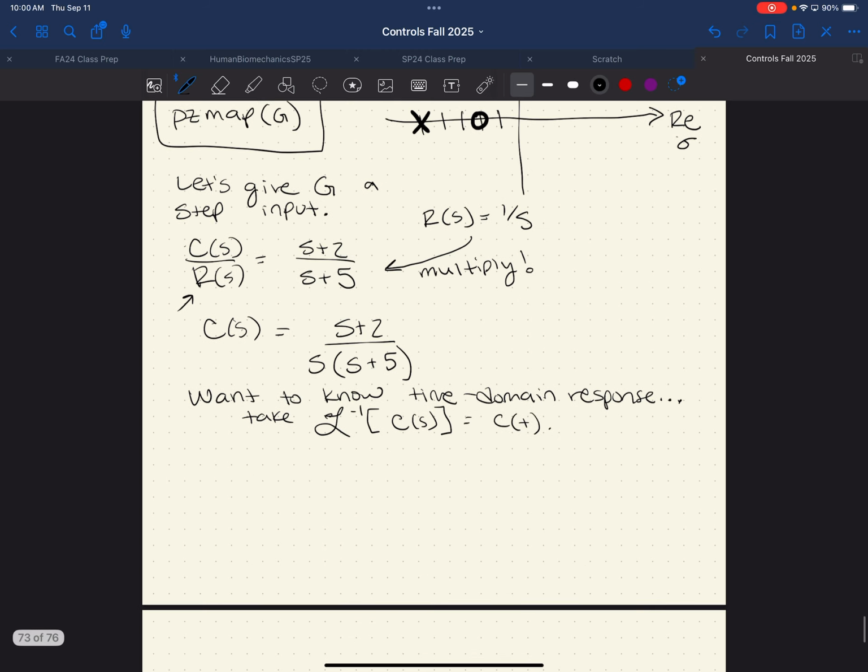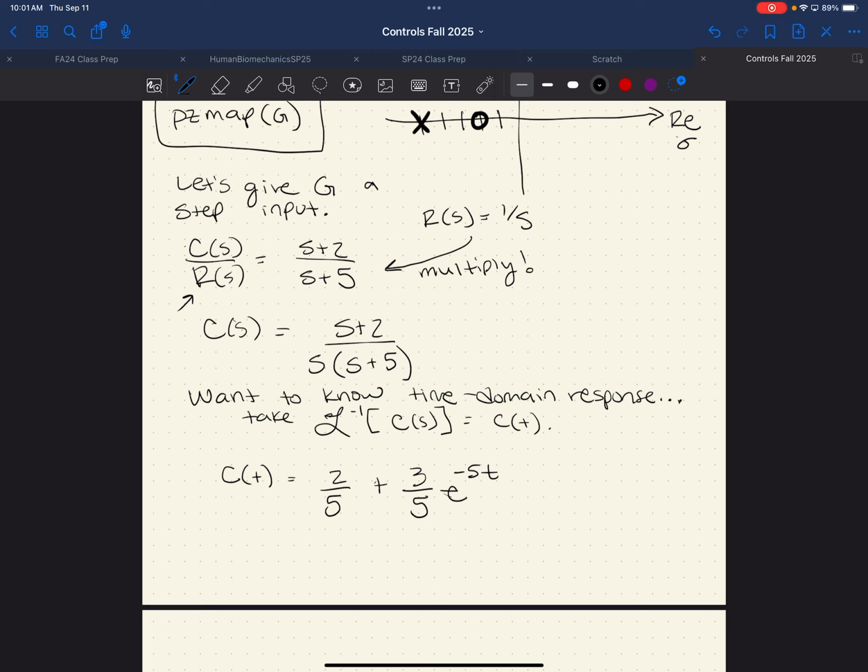All right, that looks something like this. C of t is equal to 2/5 plus 3/5 e to the minus 5t.